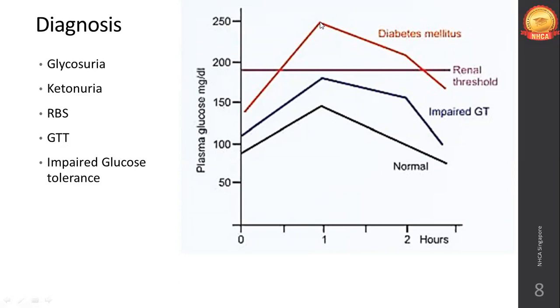Then it is supposed to come down, but it will never come down to the fasting stage. Even though the blood sugar levels are coming down, it will stay higher than the fasting stage. So this is diabetes mellitus.